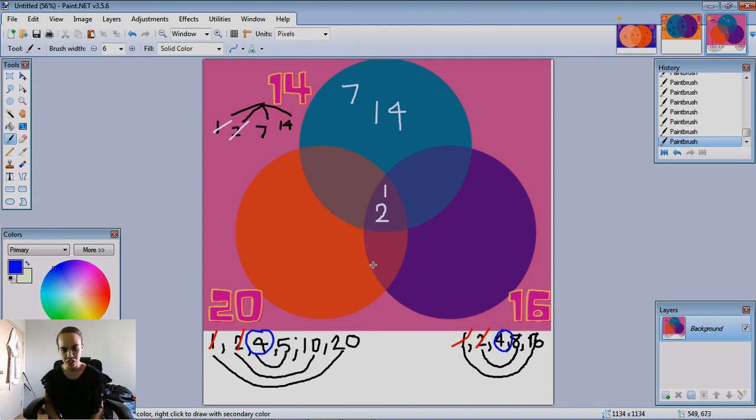I've got 4 that's shared between 20 and 16, so that would go into this section over here, because it's shared between 20 and 16. Any other numbers? No. So I can just continue writing 8 over here and 16 over here in 16's purple little circle, and then over here on this side 5, 10 and 20.